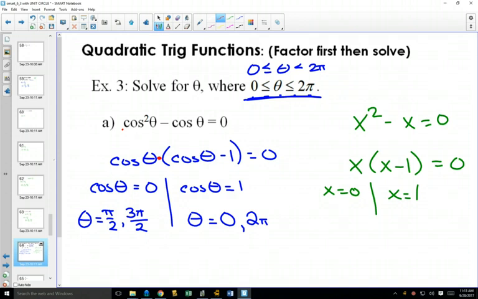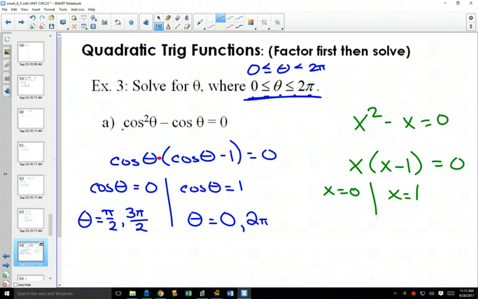Right? There's no other way you can take two numbers, multiply them, and get 0 without one of them being 0. And so when we factor, we say, well, either this one has to be 0, in which case we write cos theta equals 0, or the second one, cos theta minus 1, has to equal 0. And if this is equal to 0, cos of theta would have to equal 1, because then 1 minus 1 would be 0.